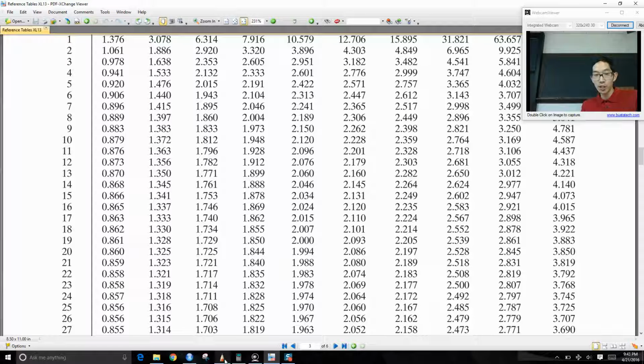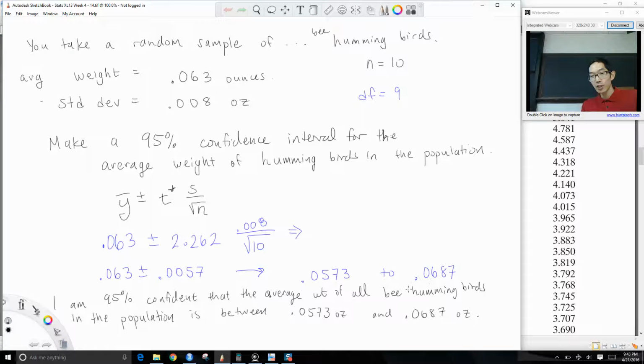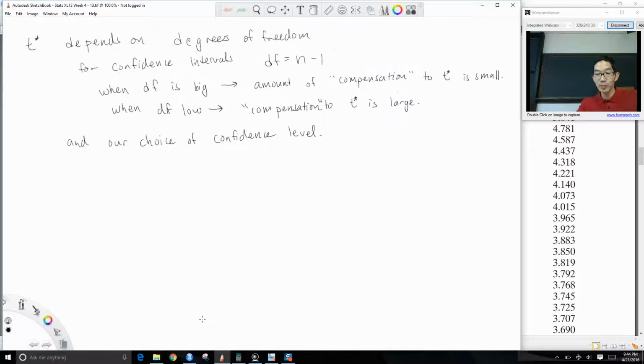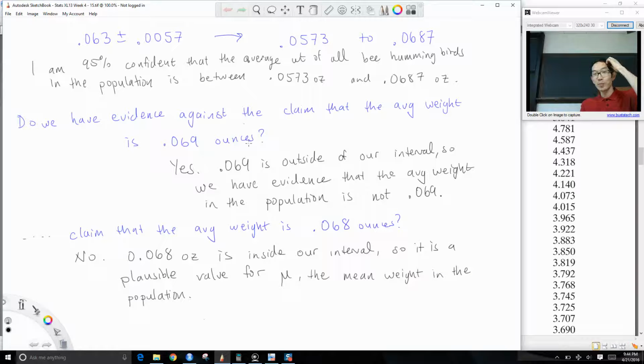And that would make this number larger than 0.069, so 0.069 would have fallen inside our range. On the other hand, if I decreased my confidence level to like 90%, then 0.068 would fall outside of our interval, okay?